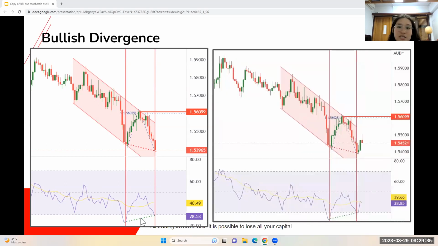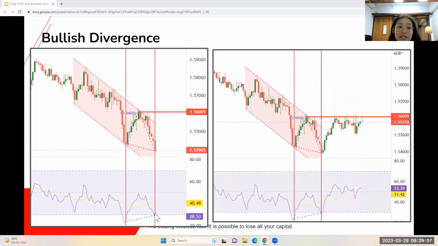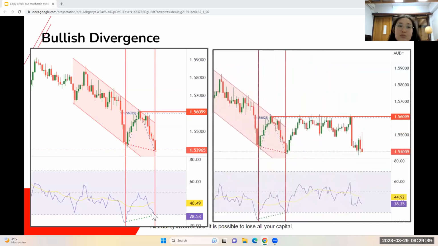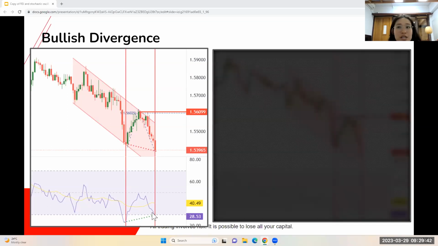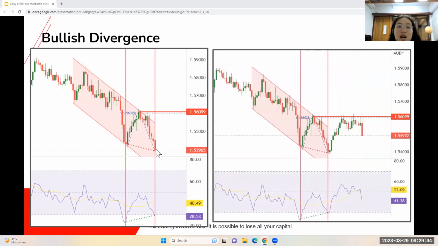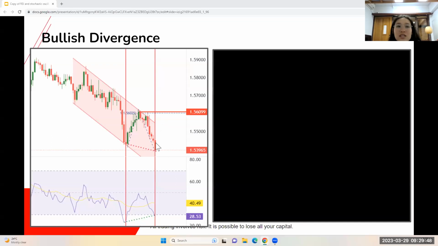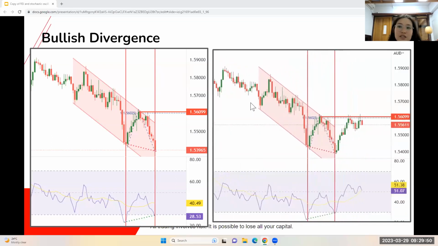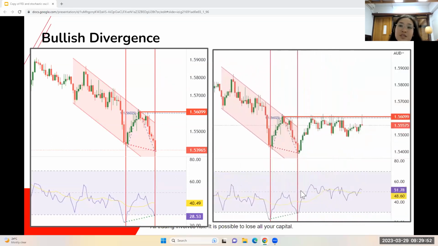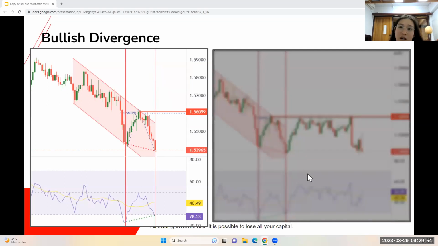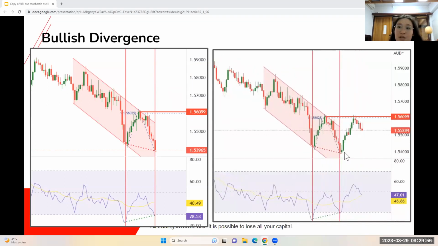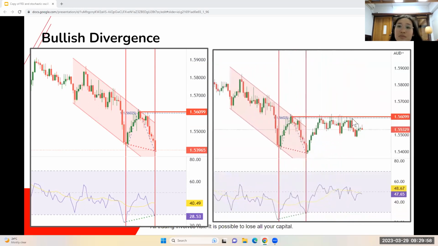But on our stochastic chart, price has made a higher low. So this is a bullish divergence and I'm expecting price to continue to move upwards after this second vertical line. If we take a look at the GIF that I've created, you can see that's exactly what happened after this divergence. Price continued to move up.